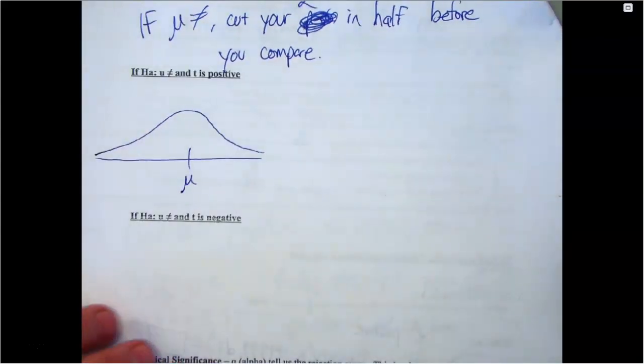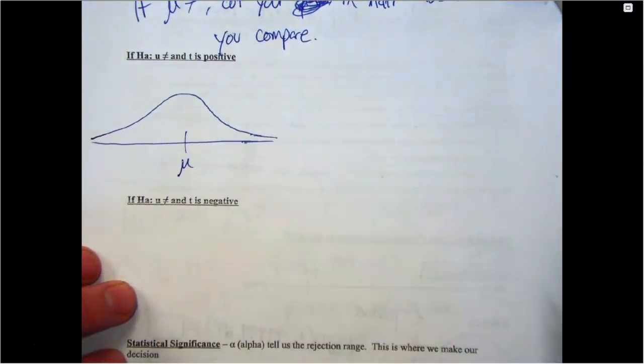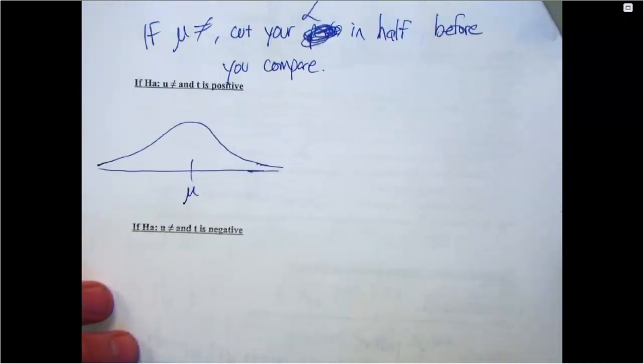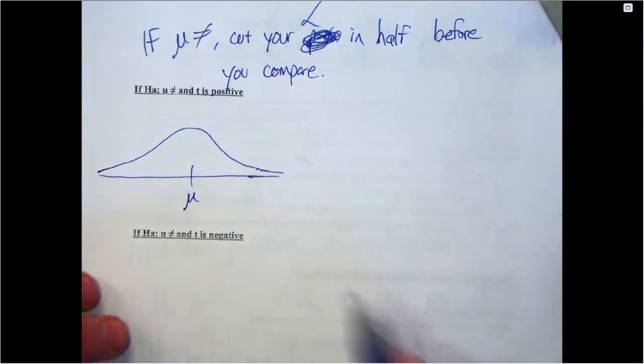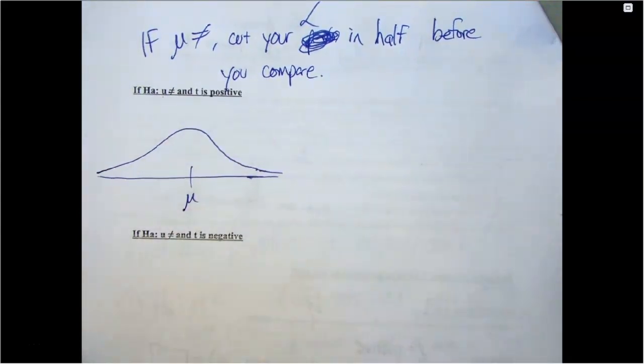I'll show you why. So we're saying mu is not equal to. I'm not saying above or below. I'm just saying different.